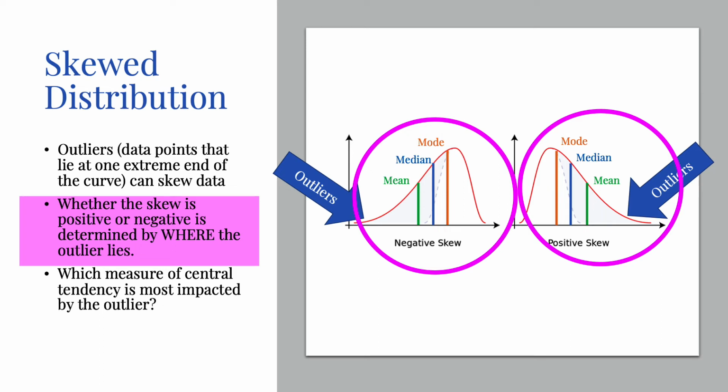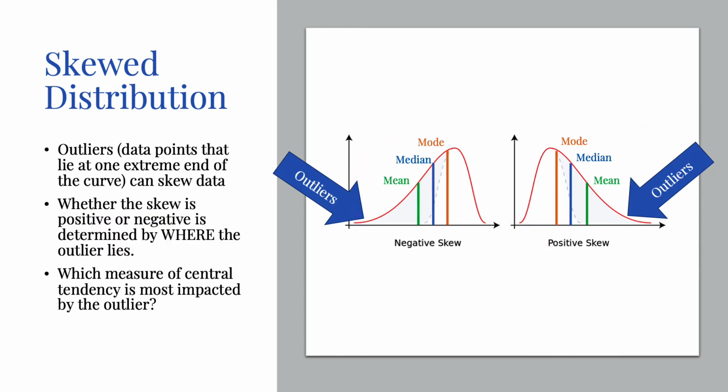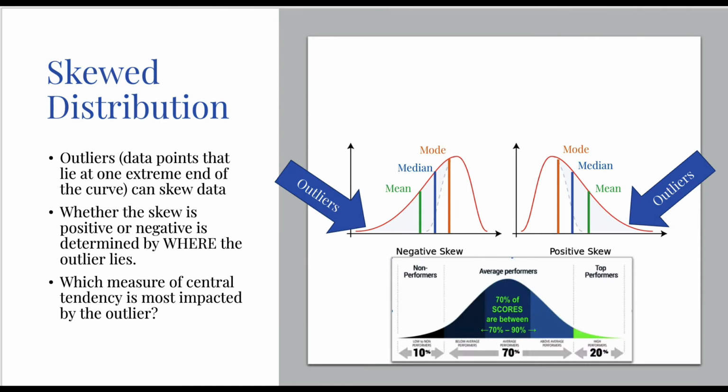So which measure of central tendency is actually most impacted by the outliers? That's really an interesting question, right? So I want you to remember, on a normal distribution of scores, the mean, median, and mode all fall on the same line. So look at the skewed curves. The skewed data, which one goes the farthest away from what would be like the peak of the distribution?